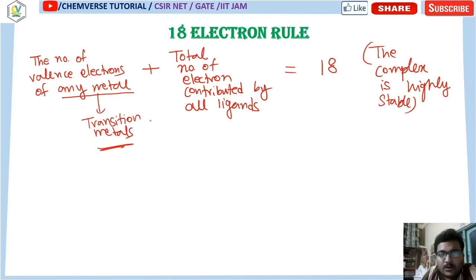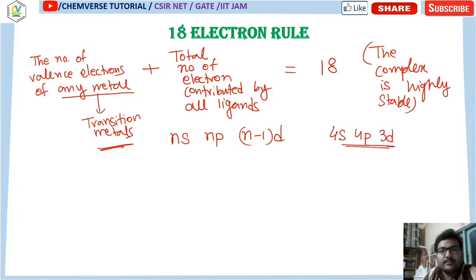Now if you know the valence orbitals that actually take part in bond formation for a transition metal, you will find that there is an ns orbital, where n is the principal quantum number, np orbitals, and (n-1)d orbitals. Clear? For a 3d block element, the 4s, 4p and 3d orbitals are involved.